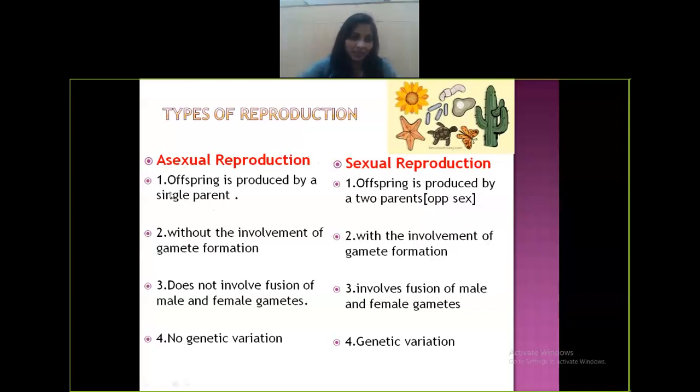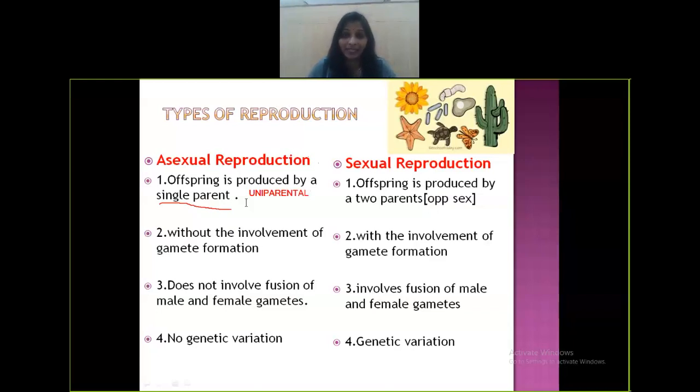As the names specify very clearly, in asexual reproduction, offspring are produced by a single parent. It's a single parent, or we also call it uniparental. The other term for single parent is uniparental. There is a single parent involved.